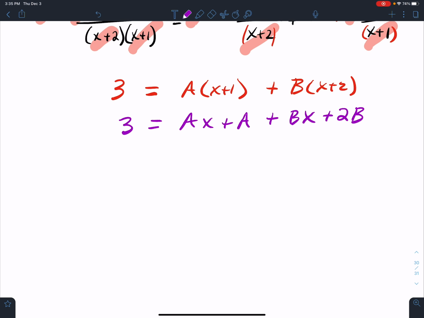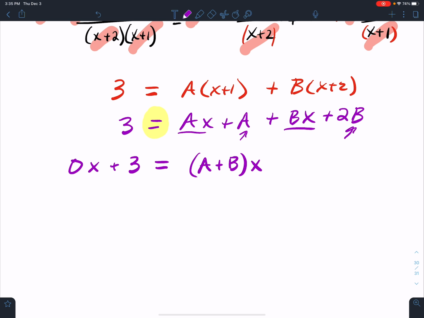Now, polynomials are equal to each other when their coefficients agree. So what do I mean by that? Over here, I have 0 x's plus a constant 3, equals, and now how many x's do I have? I have an a and I have a b for my x, and then I have a constant of a plus 2b, all right?